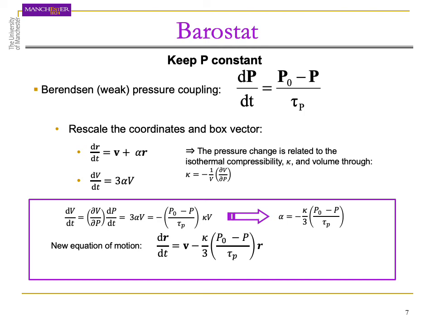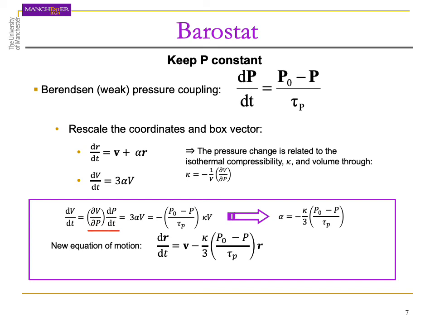We replace into the expression of the variation of volume with respect to time the expression of the volume derivative as a function of p. We use the chain rule to obtain this expression here.